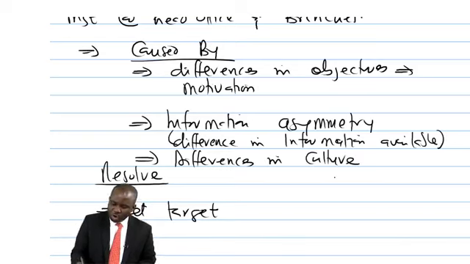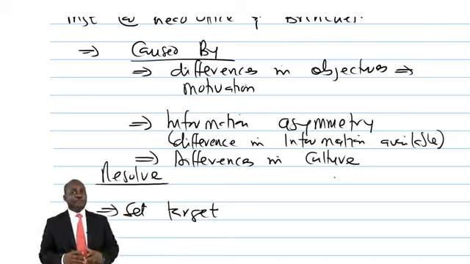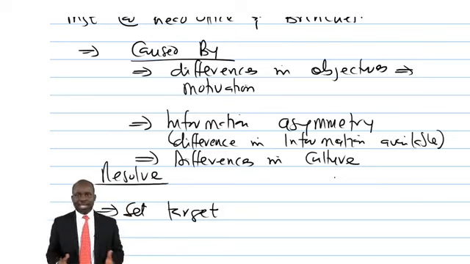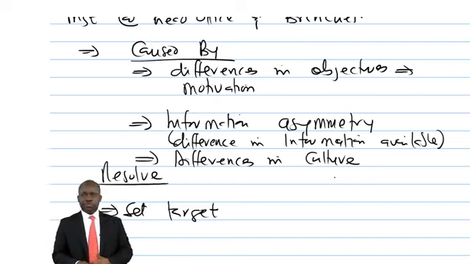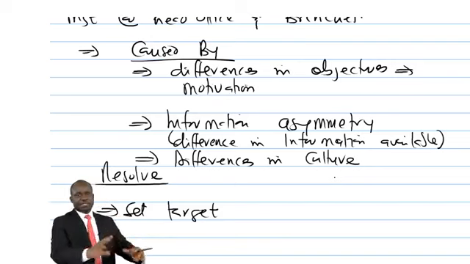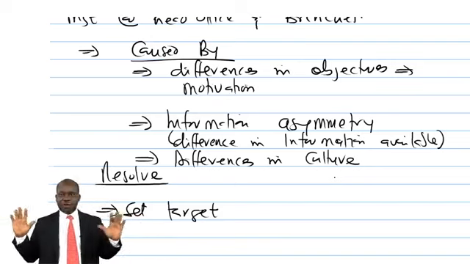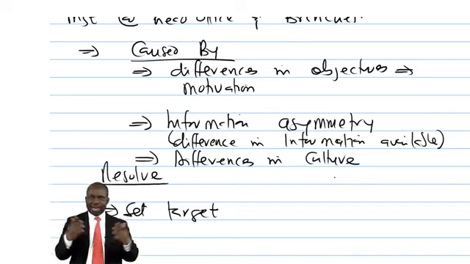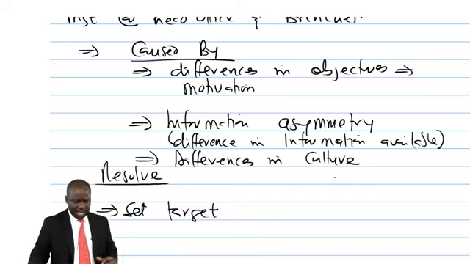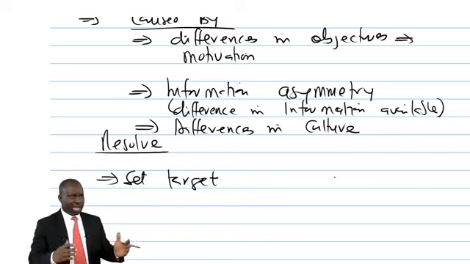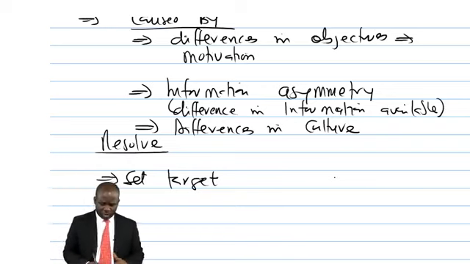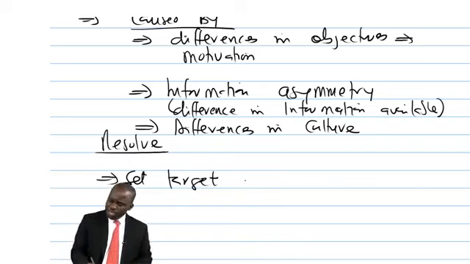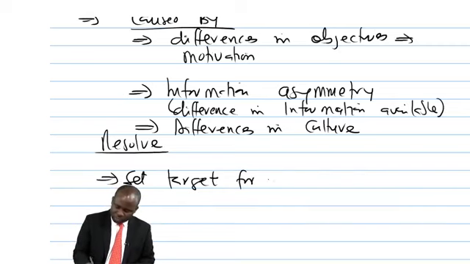Because of the culture differences, people have got different perceptions about the way things are being done. And as a result, whatever your perspective is, I don't want to say it because I have a different opinion about it because of my background and diversity. Definitely, I'm going to have a different opinion. So that can also bring conflict of what? Interest.